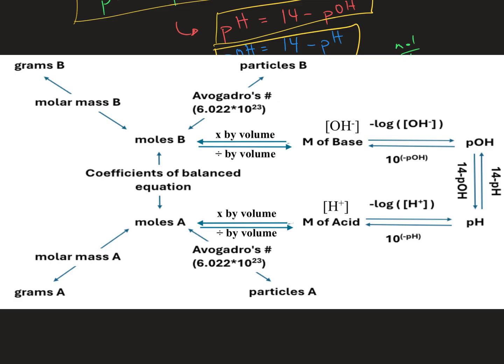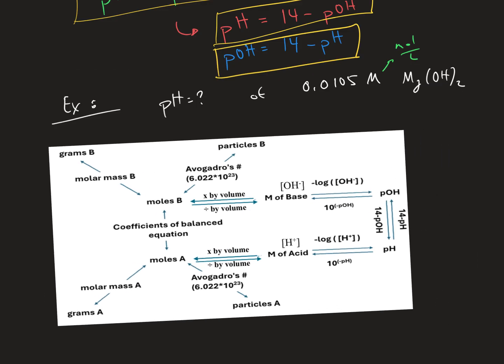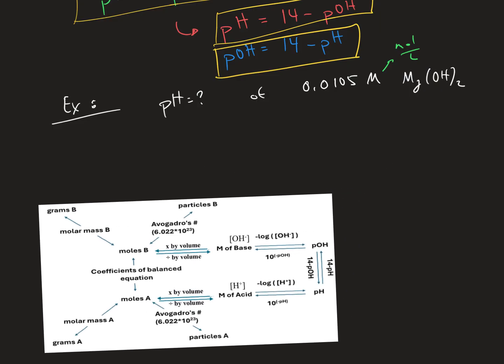You guys liking this map yet? Okay. All right, where are we starting here? What do we know? Concentration of our base. We know that. And what are we looking for? pH. Up there it is. So we do negative log of OH concentration.